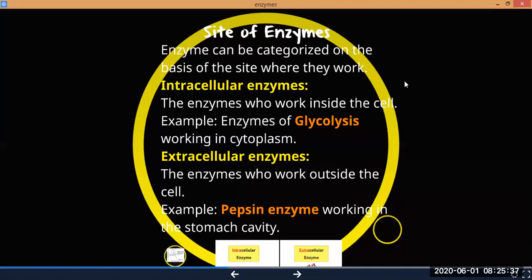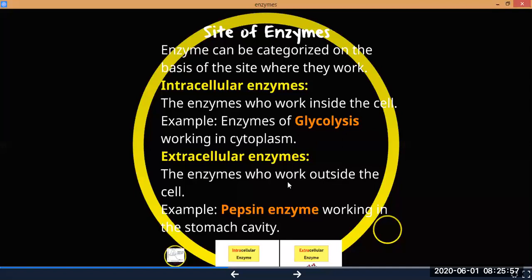So this series of reactions, which we call glycolysis, occurs in cytoplasm. It requires enzymes. For the reactions of glycolysis to proceed, it requires enzymes, and those enzymes are present within the cell. So we call them intracellular enzymes.